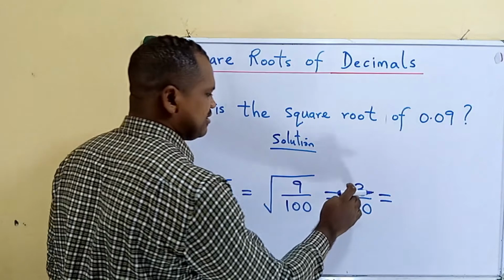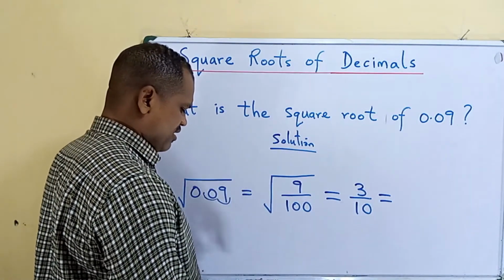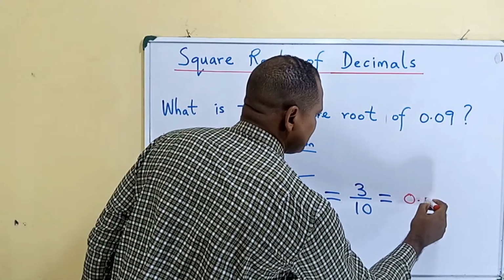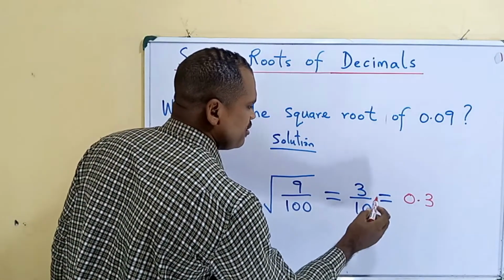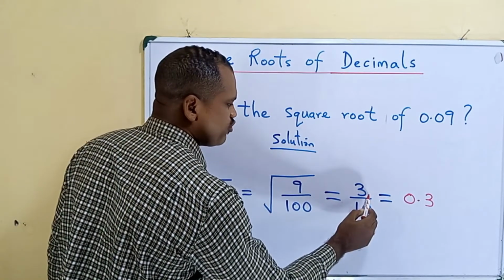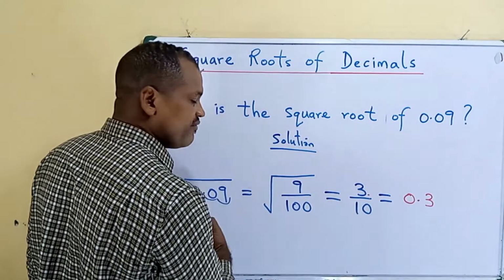So when you divide 3 by 10, of course, that will give you 0.3. Divided by 10, just 1 zero, move the decimal point just once. The decimal point is here. They are divided by 10, so the decimal point will move to the left.